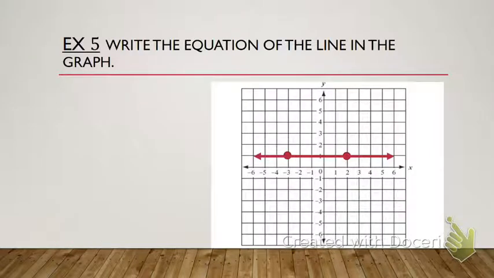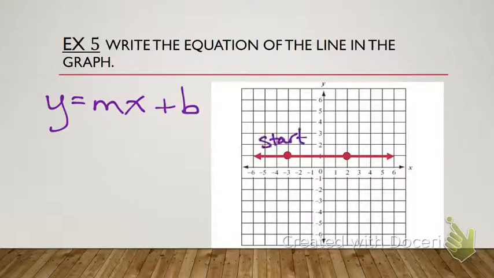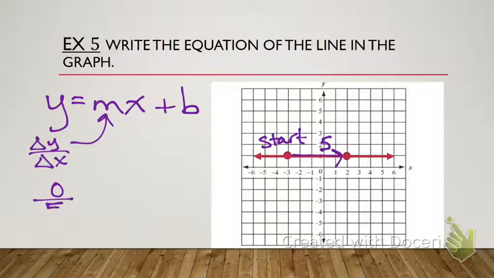So you've got to figure out the slope. How much do you move up or down? 0. So I move none up or down. I do move 5 right. If I can't remember whether this is 0 or undefined, the calculator can check that for you.